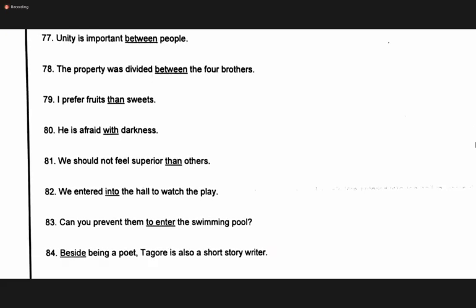Next, 79. I prefer fruits than sweets. Yes, I prefer fruits to sweets. Remember, prefer is always followed by to. In the third module, we have one lesson on the rule of the road. In one of the explanations, A.G. Gardner says, you may prefer Ella Wheeler Wilcox to Wordsworth.